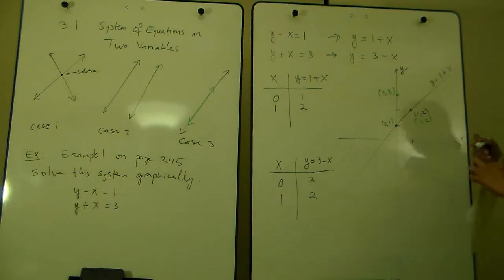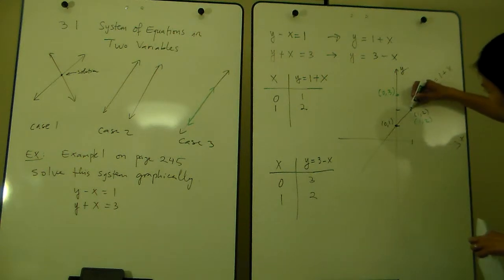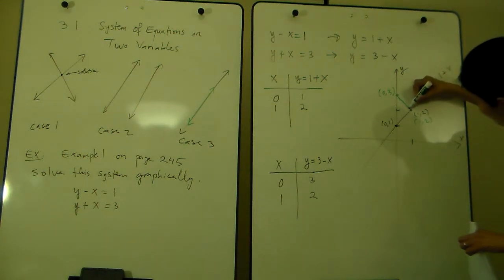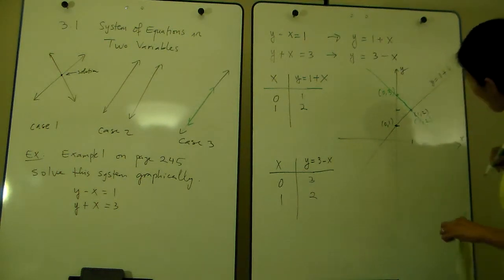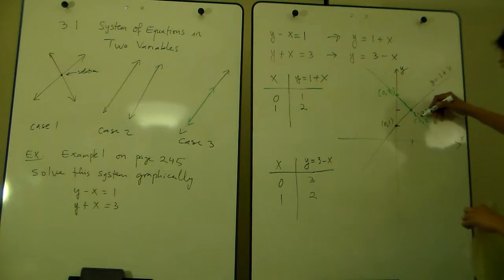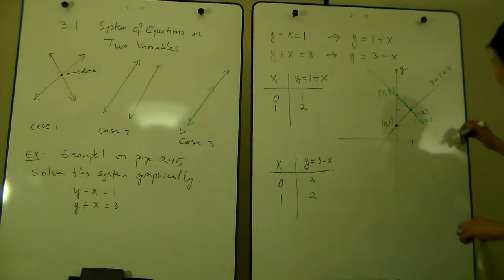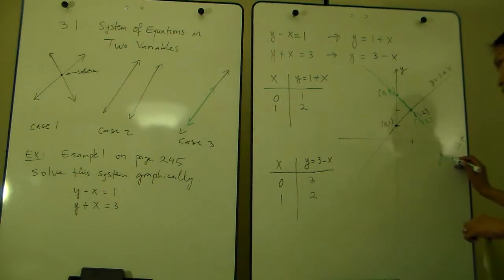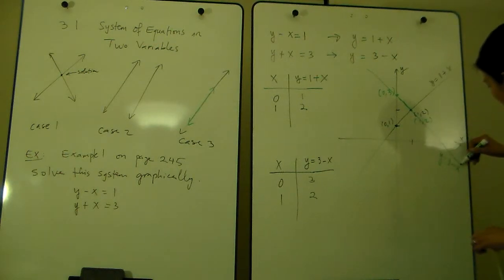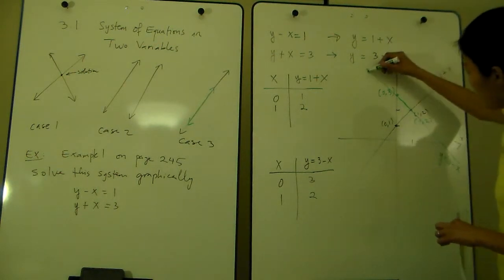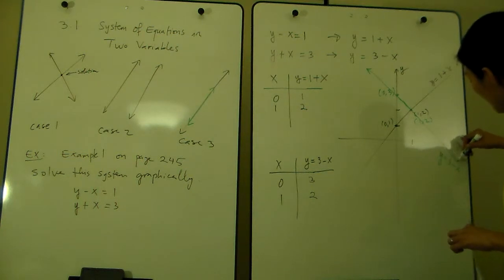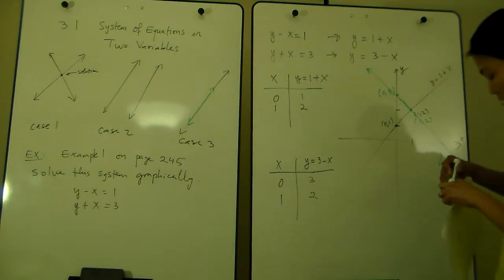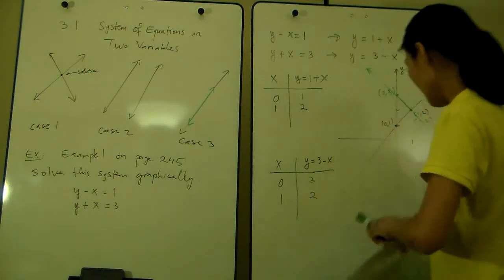If you know these 2 points, you can connect them. This is the equation for the second line, y equals 3 minus x. The line extends infinitely, that's the arrow here. Same thing for the other line.